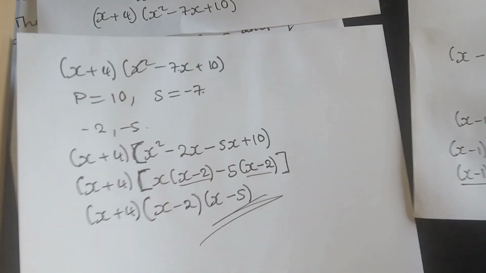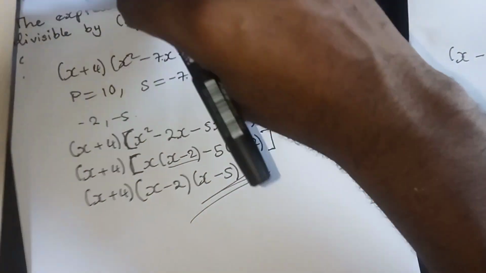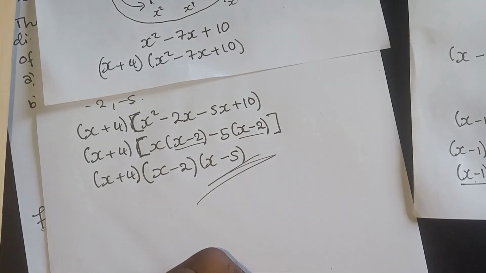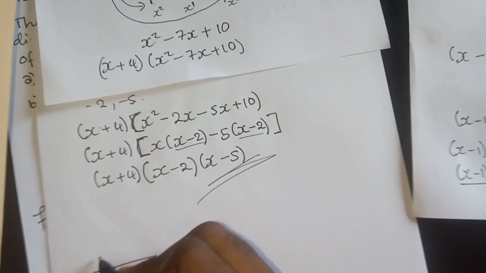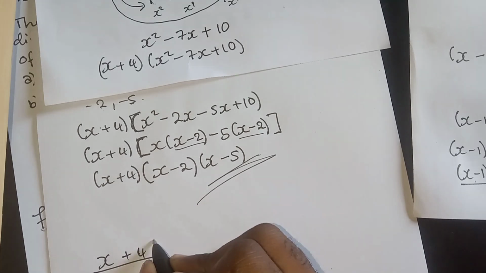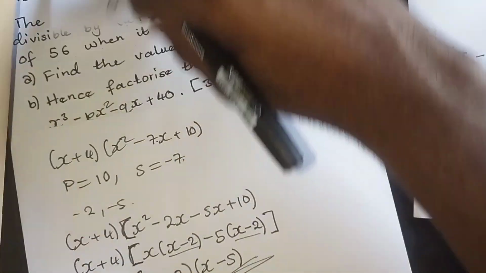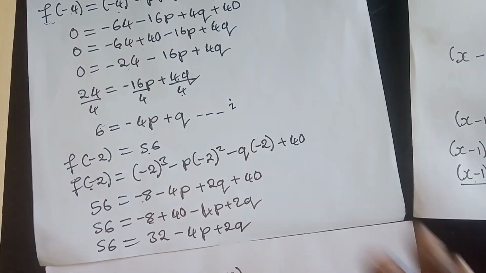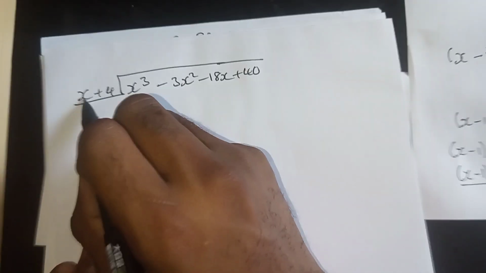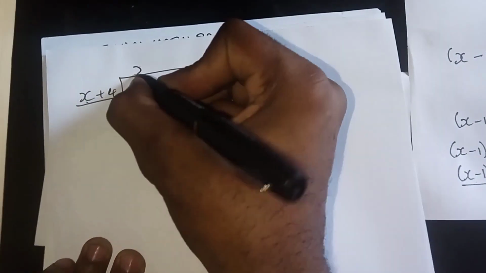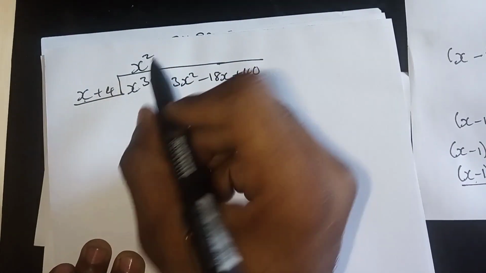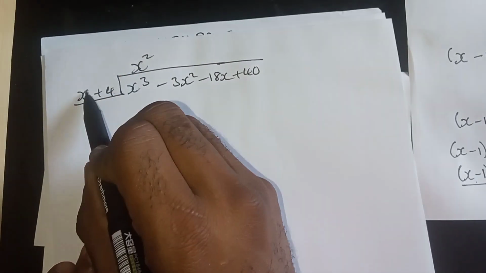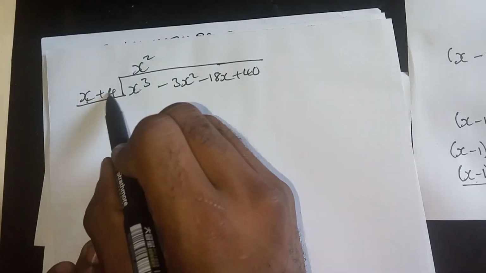So if you want to use the long division method, which is a lot more relatable, you can just say x plus 4 divided into our polynomial. To use this method, you can say this one here is x squared. So you're just dividing by this, forget about this one. Then this times this, when multiplying, you multiply by both.